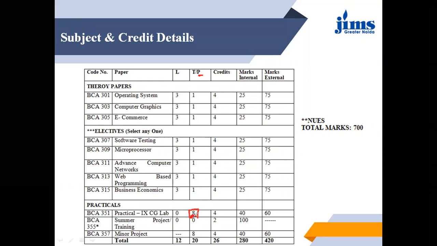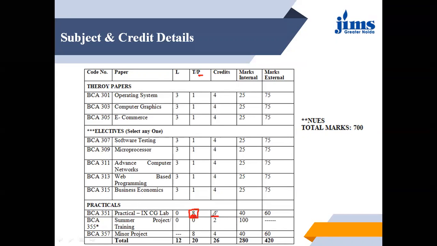Instead of 4 hours, generally it is 4 hours in all the subjects, but in computer graphics over here, this is of 8 lectures, and the credits are also 4.